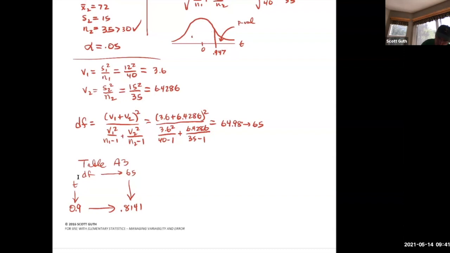In the notes, I'll put that 0.8141 on the left, but our p-value will be 1 minus that. So whatever that is.